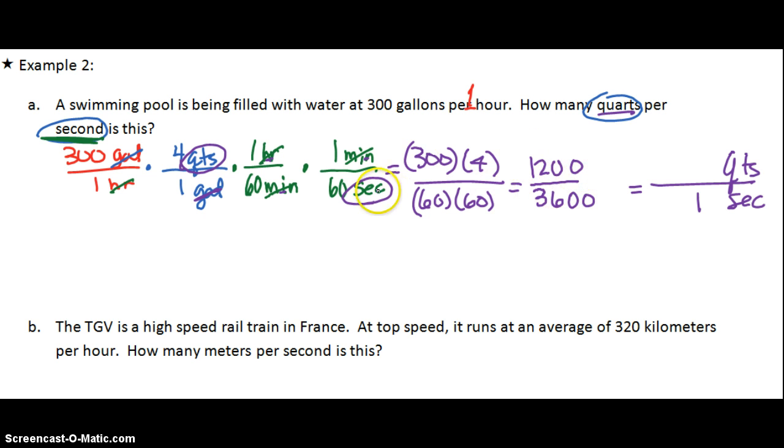Notice how I'm not worried about my unit of measurement because I know I've gotten that taken care of. So when you divide 1200 by 3600, you get 0.3 repeating. So there's 0.3 repeating quarts per 1 second, and that was our goal.